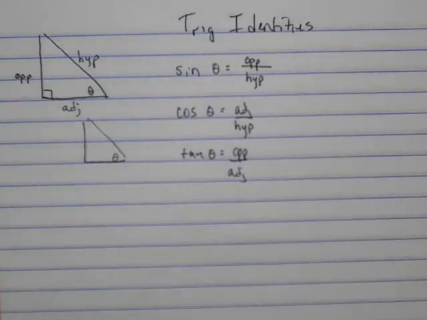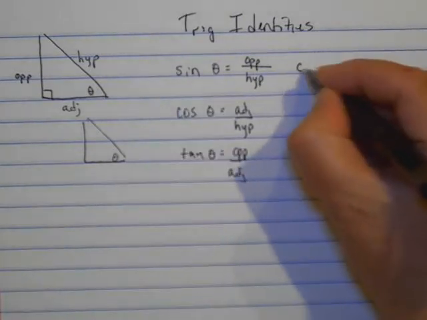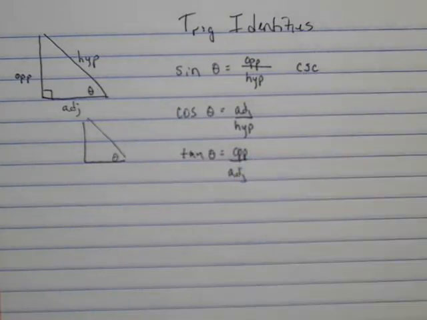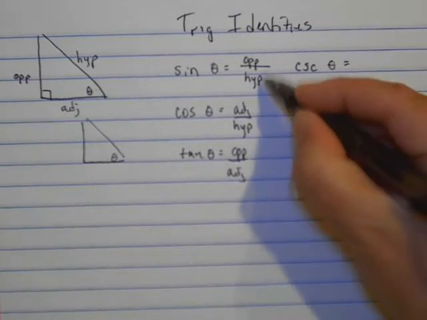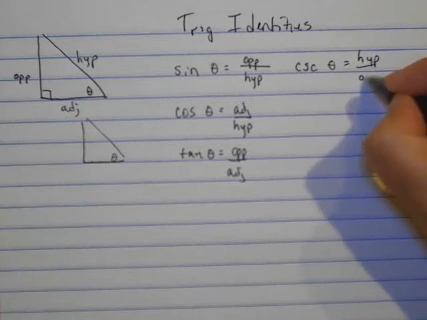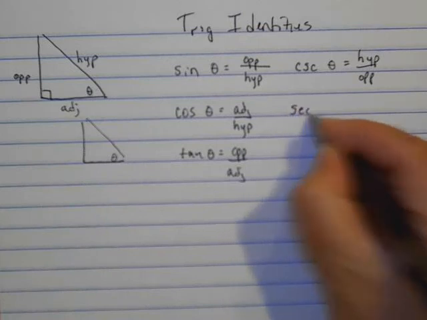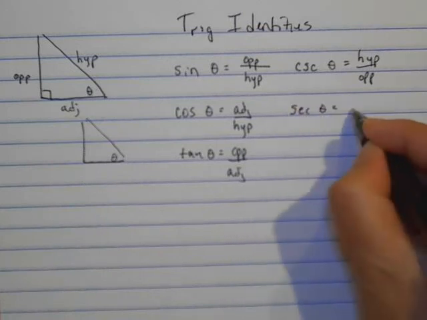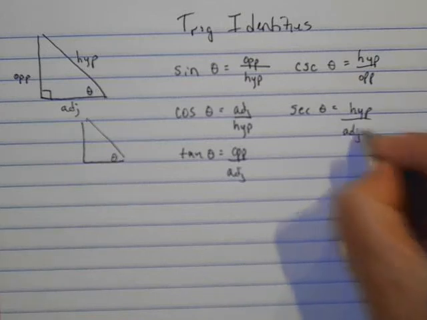We're going to talk about the reciprocal identities of those three. The reciprocal of sine is cosecant, and it's abbreviated CSC. So cosecant of theta is going to be the reciprocal of this, so it's the hypotenuse over the opposite side. The reciprocal of cosine is secant, and secant is hypotenuse over adjacent.